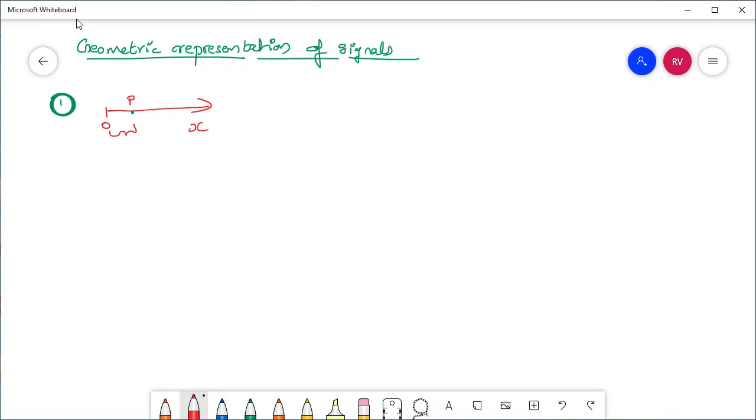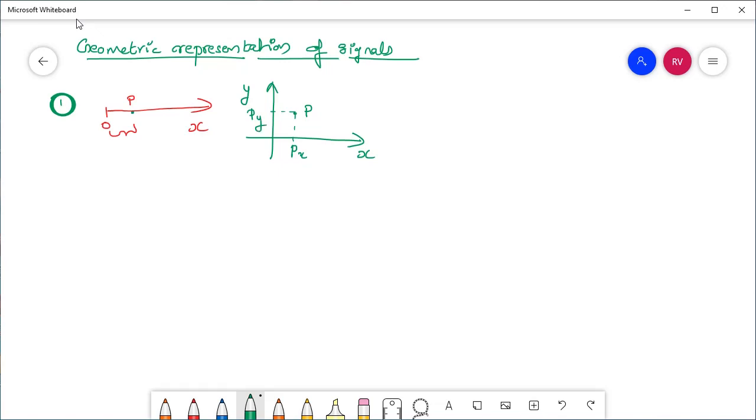I can have a different representation, that is, I have the point P here. I can have a two-dimensional representation where I have X and Y axes, two axes, and this is the component of P in the X axis, and this is the component of P in the Y axis.